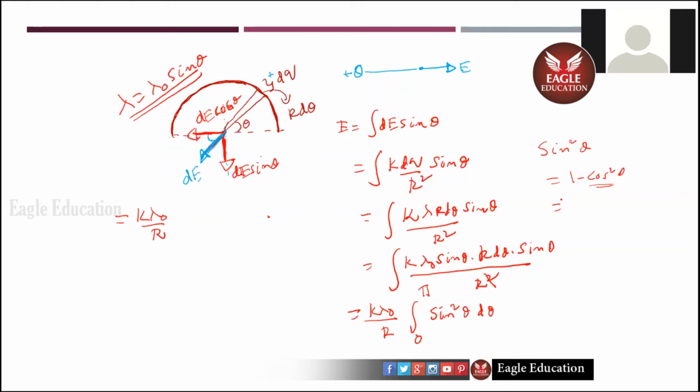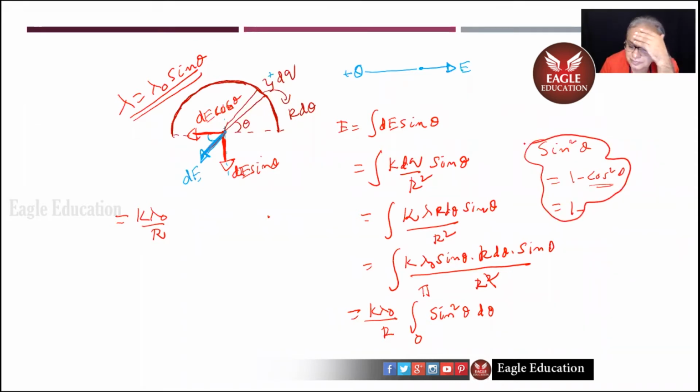We will write cos square theta is (1 plus cos 2 theta) by 2. So sin square theta can be written as 1 minus cos 2 theta by 2. Can you write like that or not? Yes, sir.